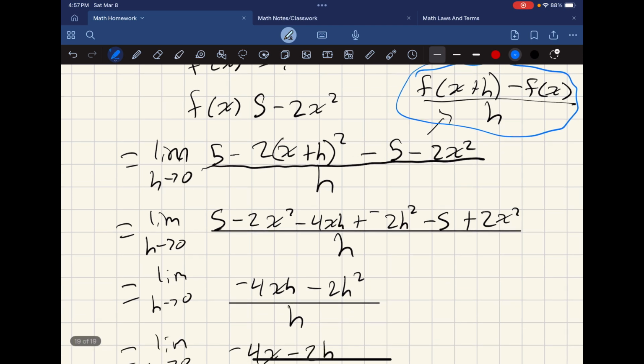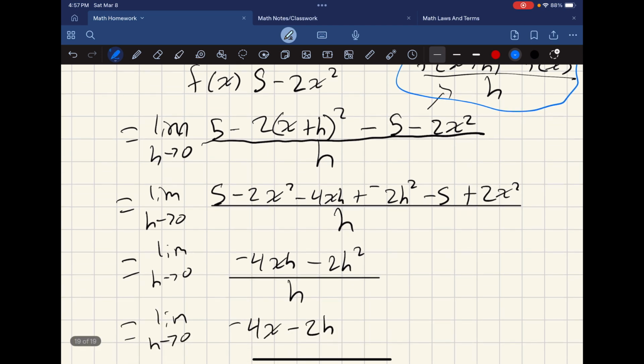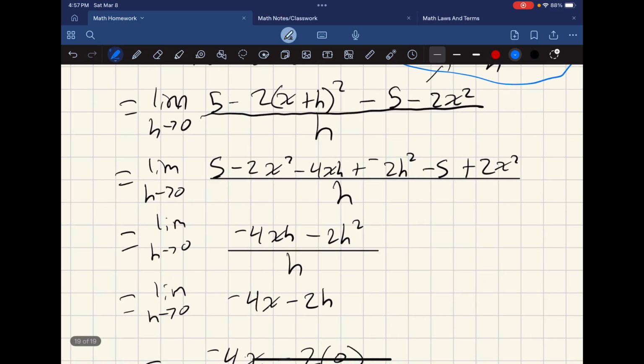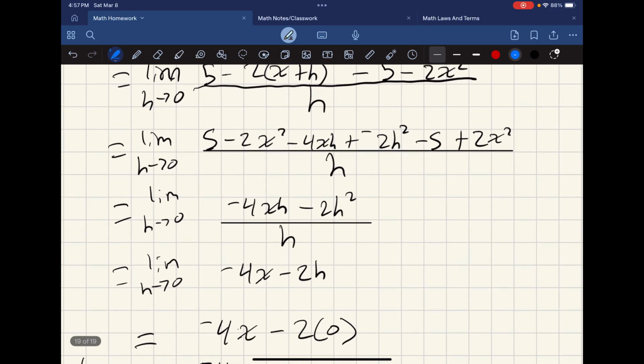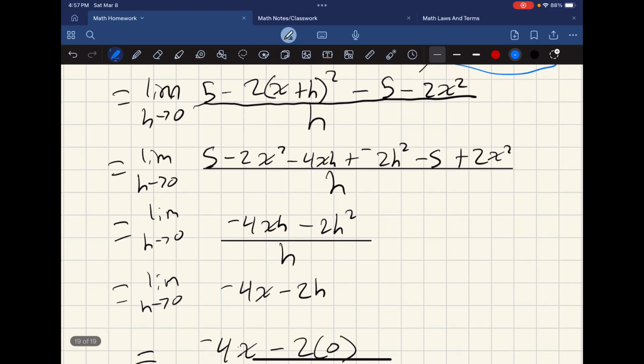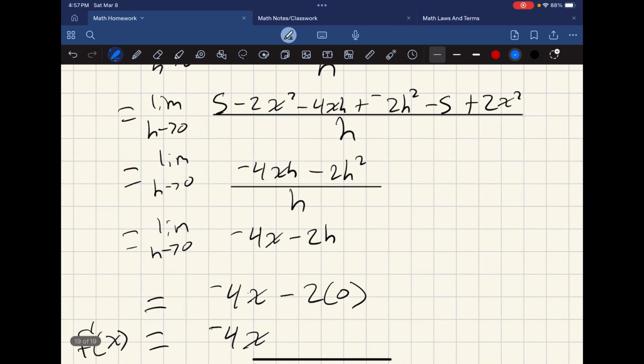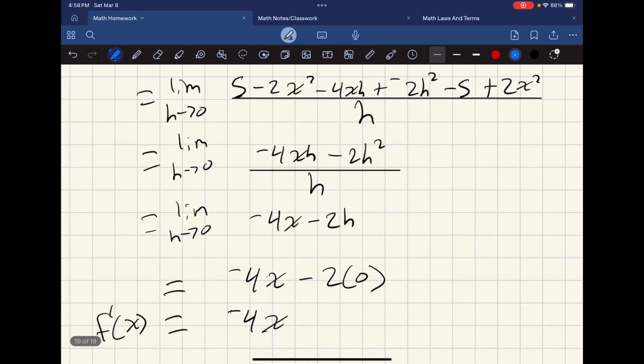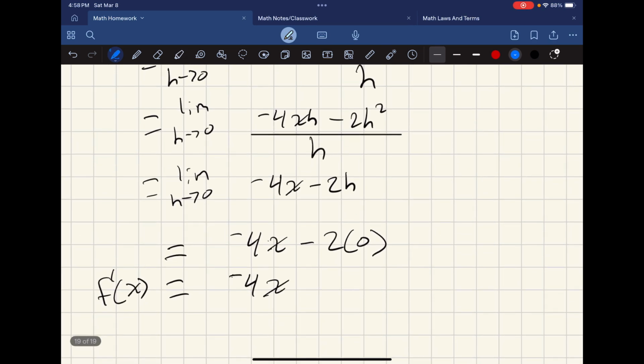Make sure to pay attention to your signs when doing this. And then start simplifying. So factor as needed, cancel as needed, whatever needs to happen in order to get to your final equation. After doing all of that, we'll get to negative 4x minus 2h, or we'll usually have an x and an h within our final numbers.